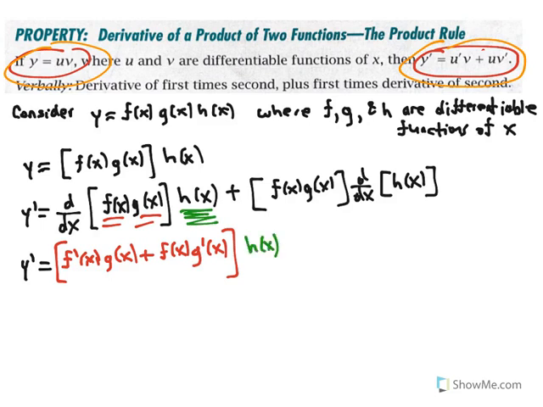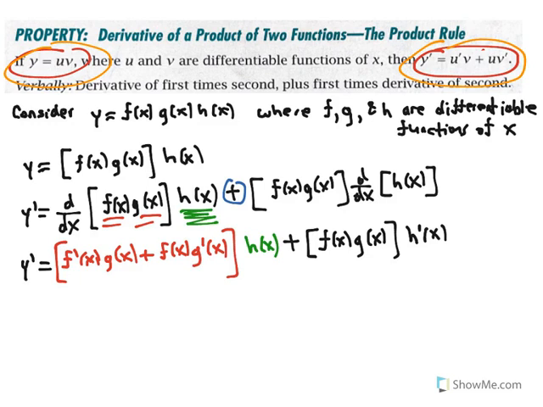And then you have this plus sign, and then you have f of x times g of x multiplied by the derivative with respect to x of h of x, which is h prime of x.